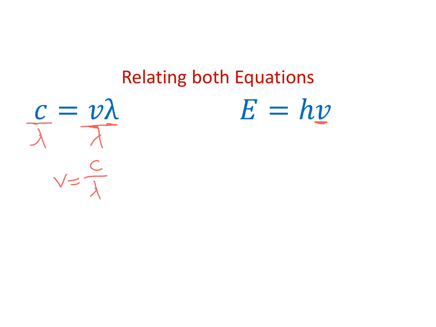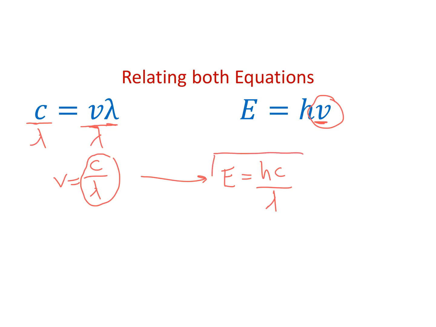I'm going to take that and insert it in the second equation. All I'm going to do is replace the frequency with what frequency equals, the speed of light divided by wavelength. So energy equals Planck's constant times the speed of light divided by wavelength.